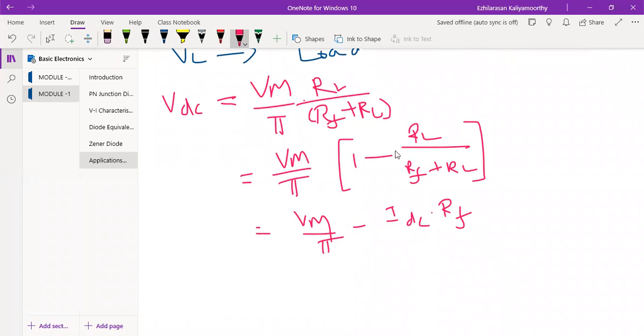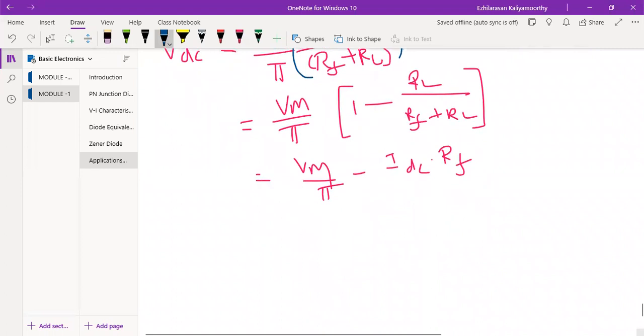This expression can be written in the following way, as RF plus RF minus RL plus RL divided by RF plus RL. We get the changed expression. So this will be your regulation. Simple.